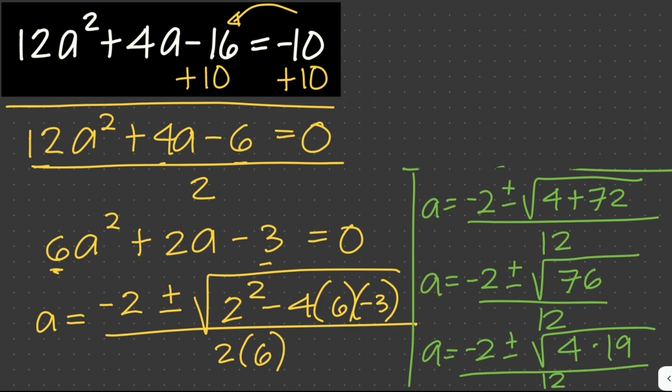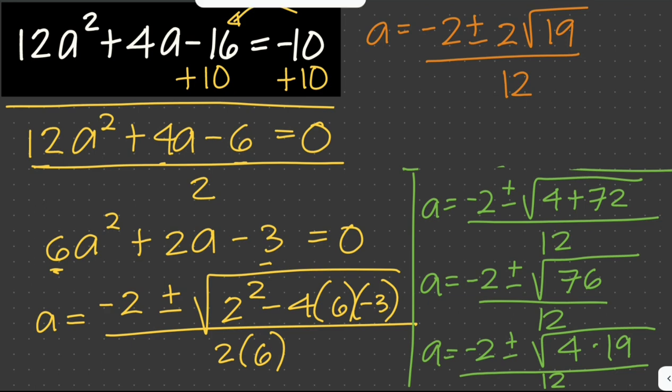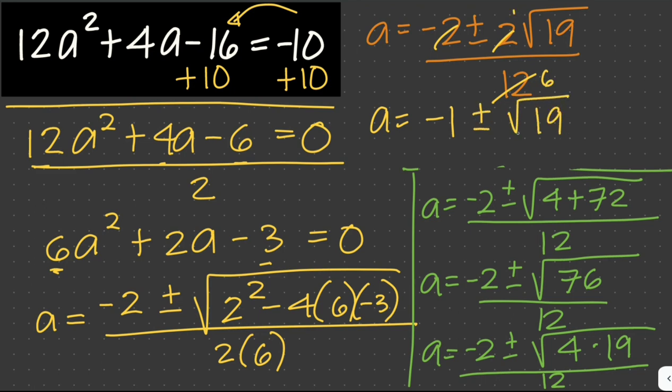Then a would be negative 2 plus or minus 2 square root of 19 over 12. Everything here is divisible by 2, so we can reduce this as negative 1 over 6, plus or minus square root of 19 over 6.